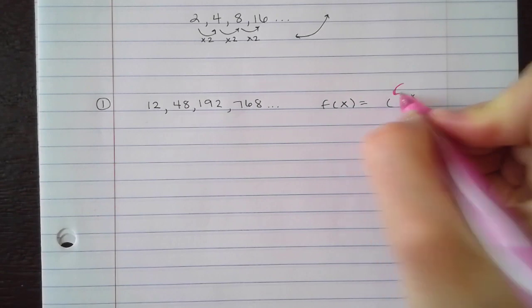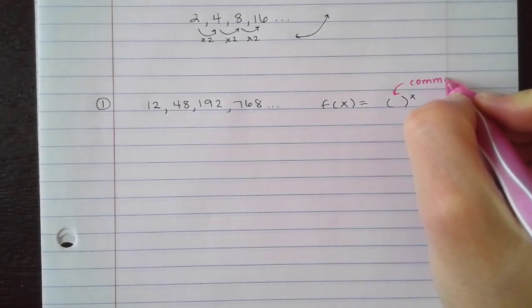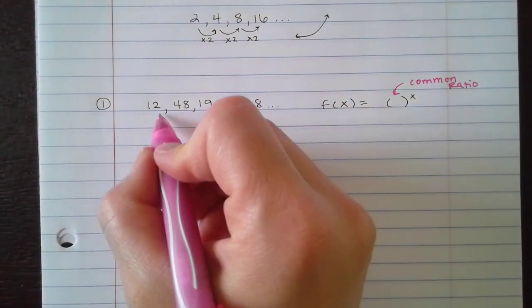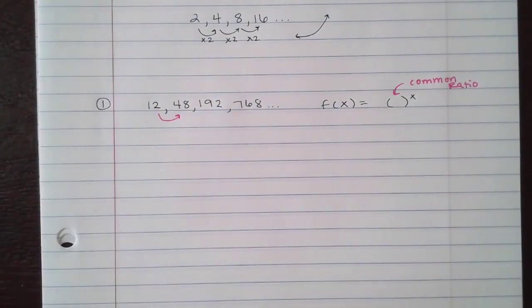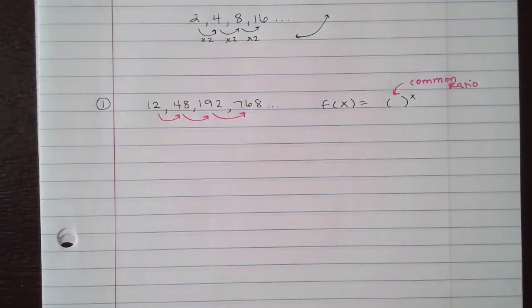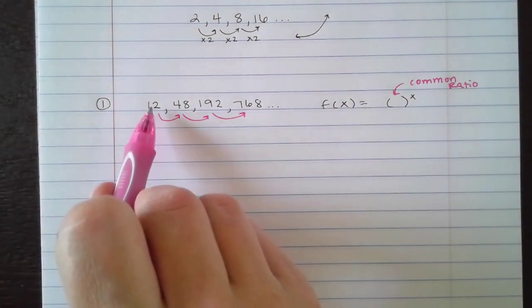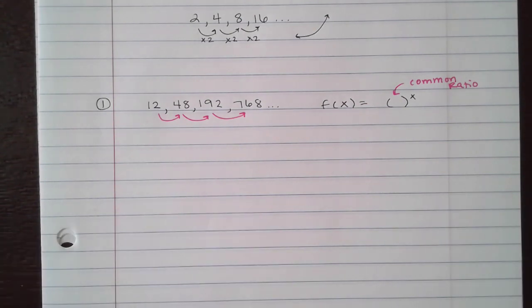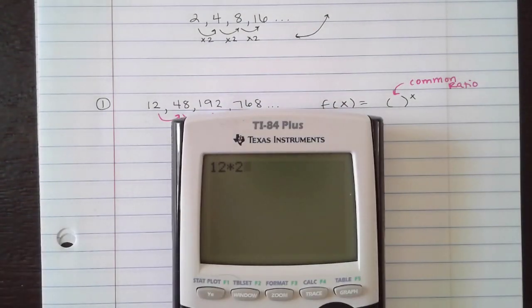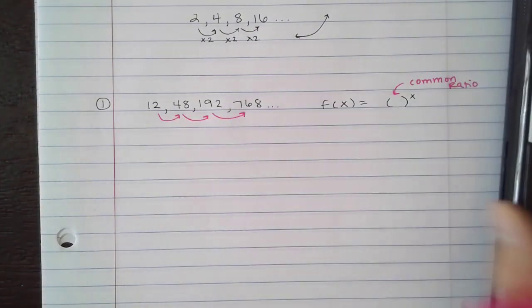This right here is your common ratio, and I'm hoping everything I'm saying right now is review. It's our common ratio, what's being multiplied every single time. You can do 48 divided by 12, or you can just type it in on your calculator. I know a lot of people do 12 times 2. No, that's not right, 12 times 4. Oh, yep, it's multiplied by 4.